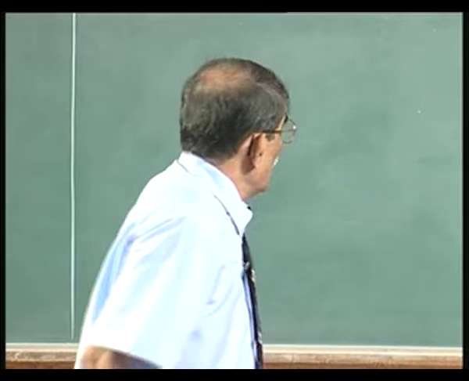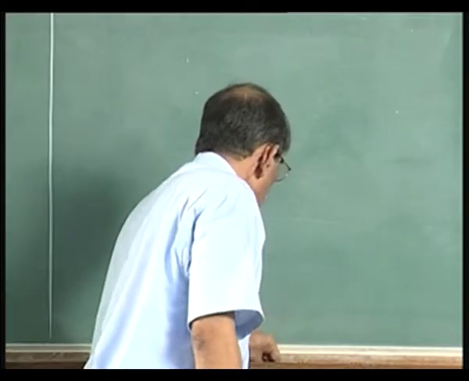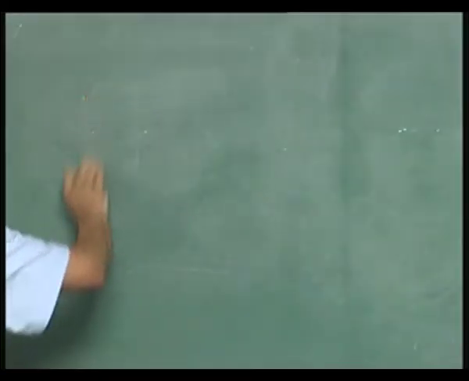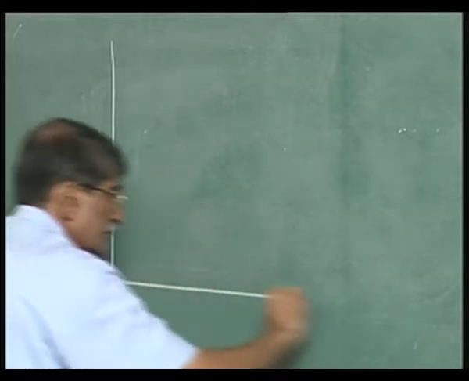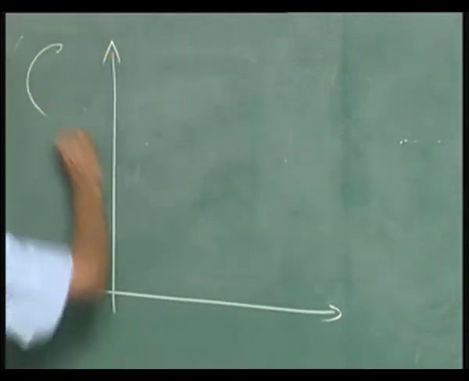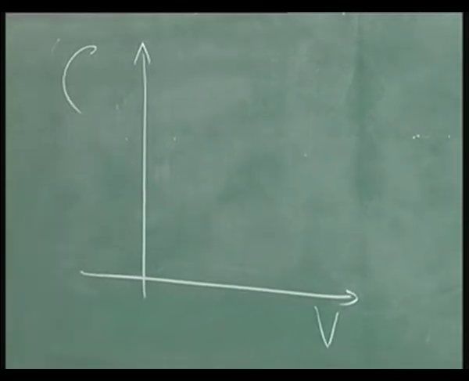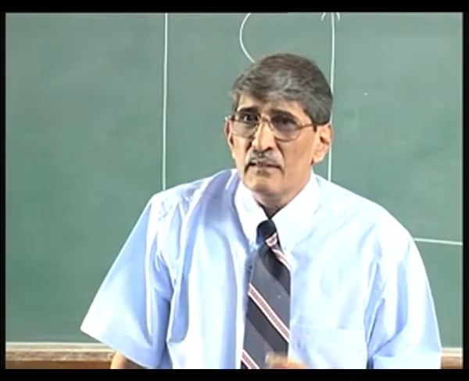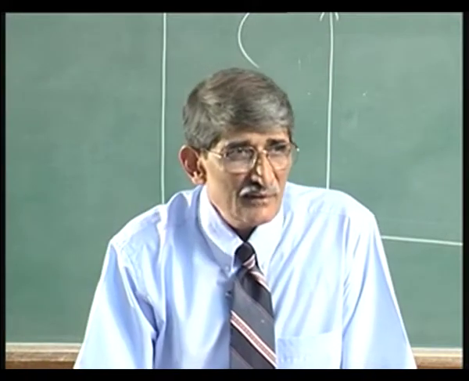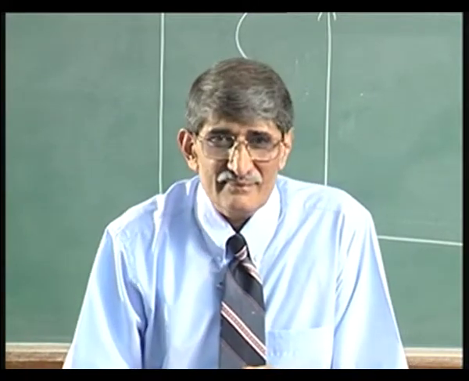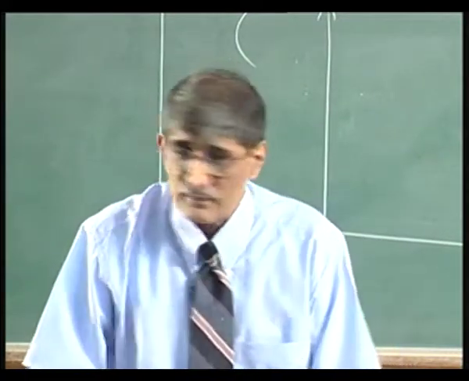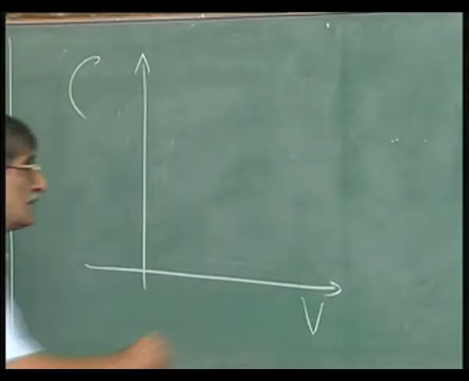Now, what we are trying to tell is the capacitance versus voltage. That is one of the most important diagnostic tools for evaluating the oxide. Make a metal oxide semiconductor, you do not have to make a transistor.